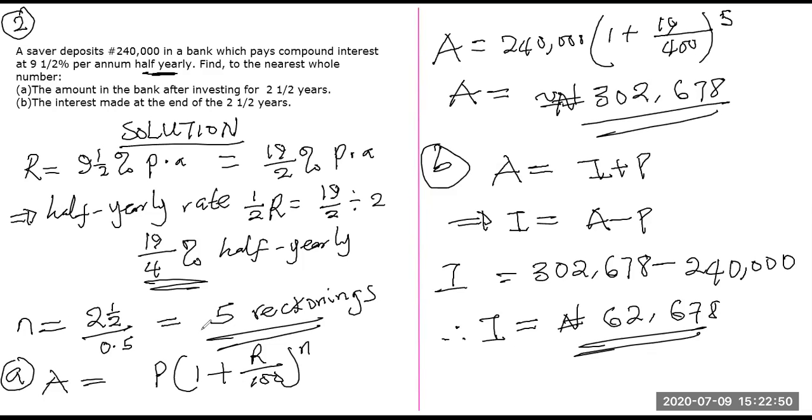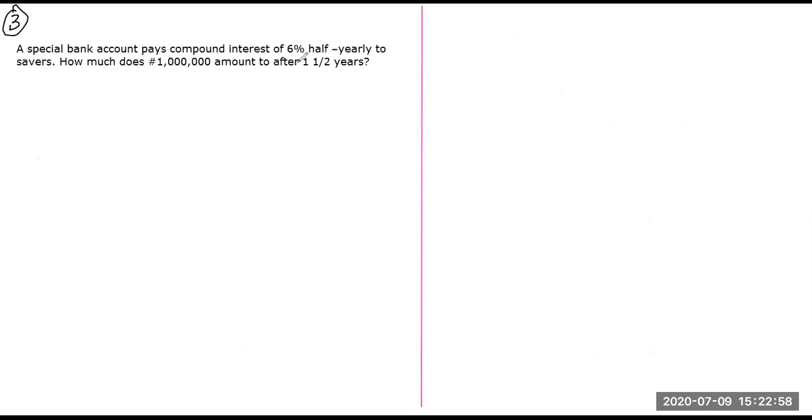Per annum came before half yearly in that question, but here we are told it is 6% half yearly. That means the 6% half yearly is the rate at which the account is being credited. That means every half a year, 6% is given.